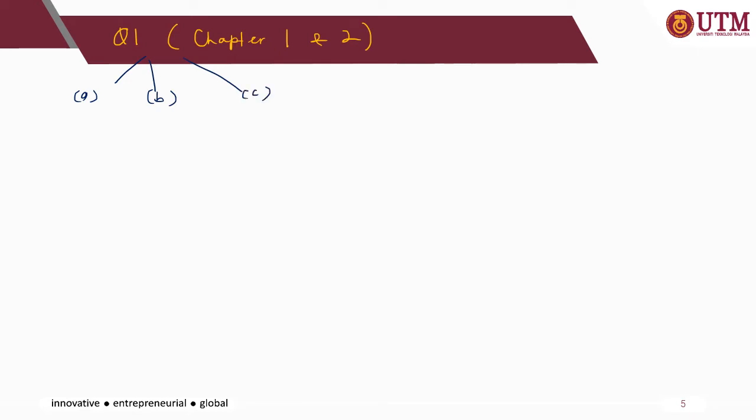All right, so part A, as usual, the fundamental description or basic knowledge. For example, what is antenna, and then the parameters.